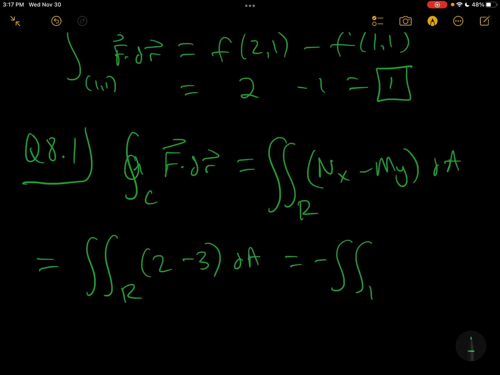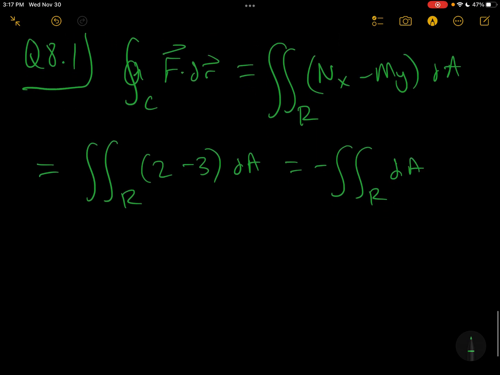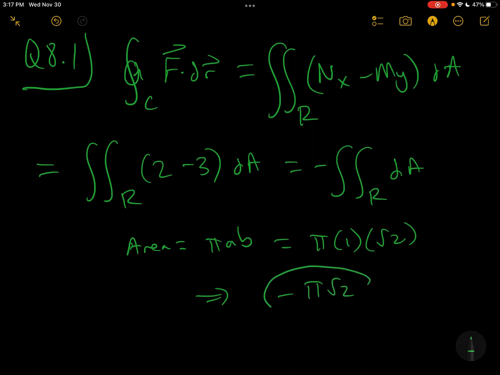So this is minus the area of the region there, and the area of an ellipse is pi AB, which is pi times 1 times root 2. So the final answer is minus pi root 2.